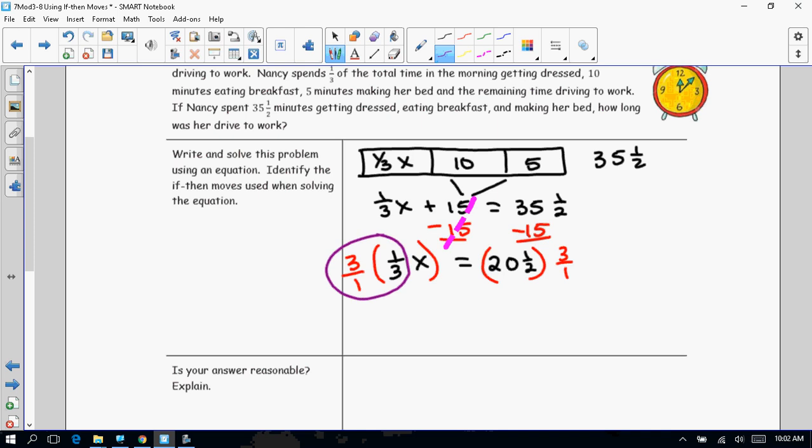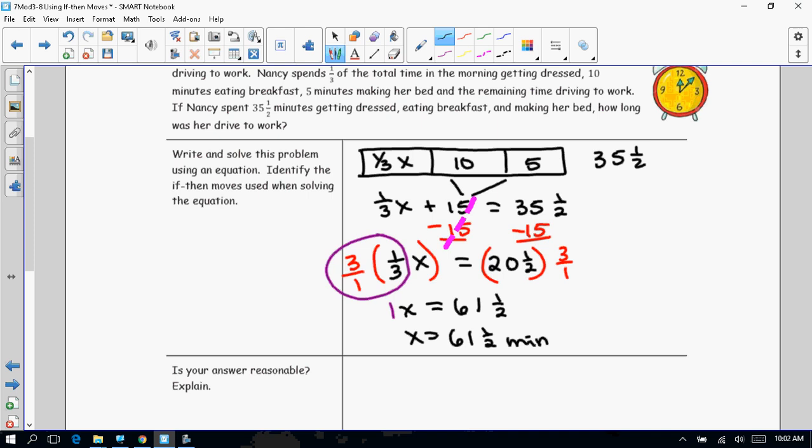They're multiplicative inverses. It becomes the beautiful, wonderful, lovely number 1. This becomes 1x, or just plain old x, and then I can multiply 20 and a half times 3, and I end up getting 61 and a half. So in other words, x equals 61 and 1/2, and this is what? Minutes.